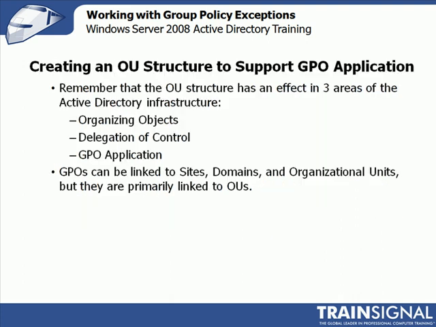Now, when it comes to creating an OU structure to support GPO application, here's the thing. I want you to remember, if you go back to when we first introduced what organizational units were, that OUs have an effect in 3 areas of the Active Directory infrastructure. One purpose for organizational units is just plain and simple the organizing of objects.